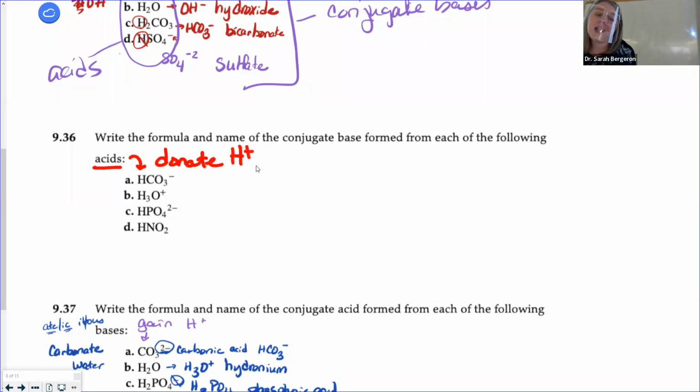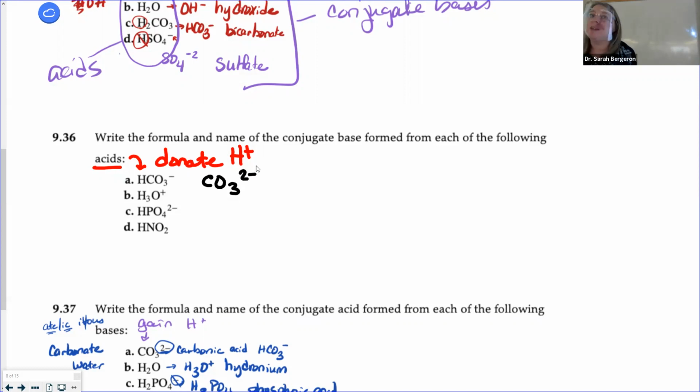Okay, so let's look at A. If I'm going to donate an H plus, what do I become? CO3 is the correct atoms. Now, what is my charge? I'm going to donate a positive charge, which means I'm going to get rid of a positive charge. So 2 minus.